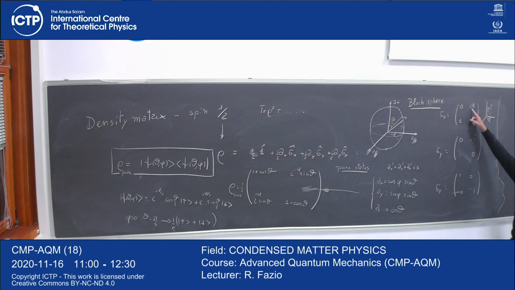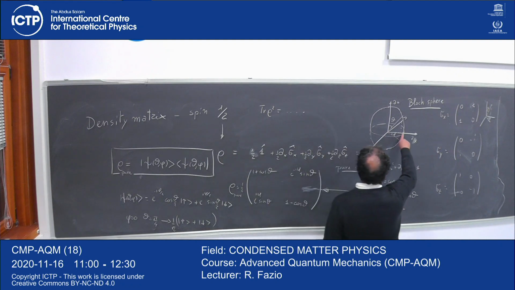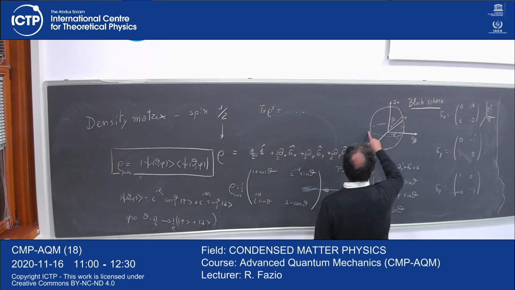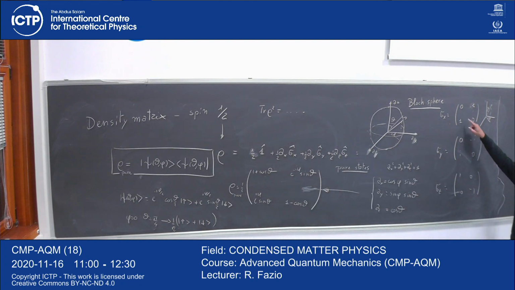But up plus down is an eigenstate of sigma x with eigenvalue plus 1. If you take phi equal pi, you will verify that it is an eigenstate of sigma x with eigenvalue minus 1.